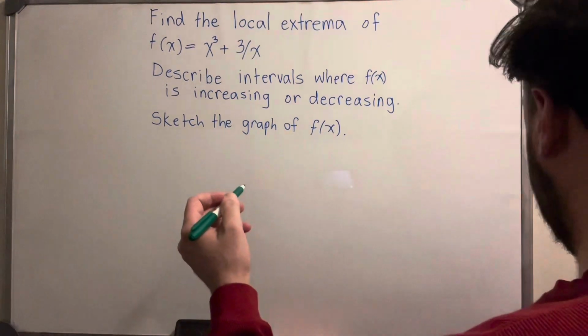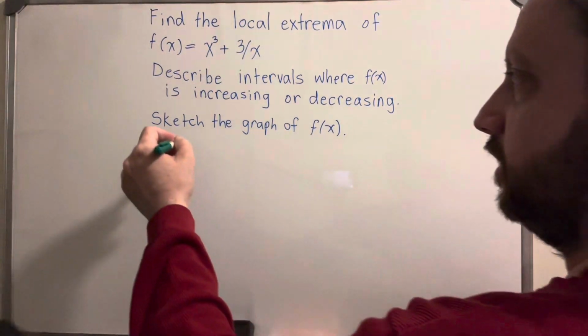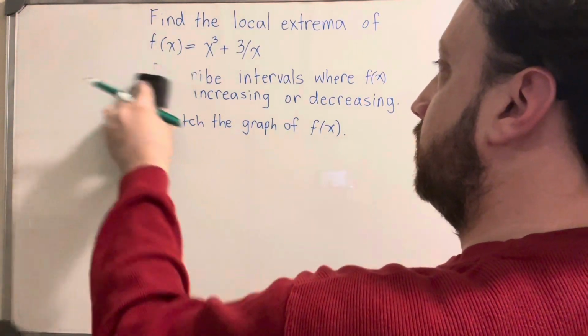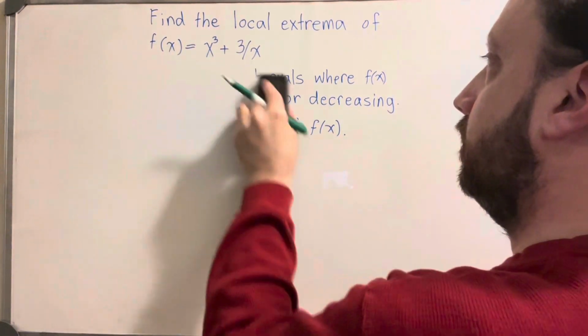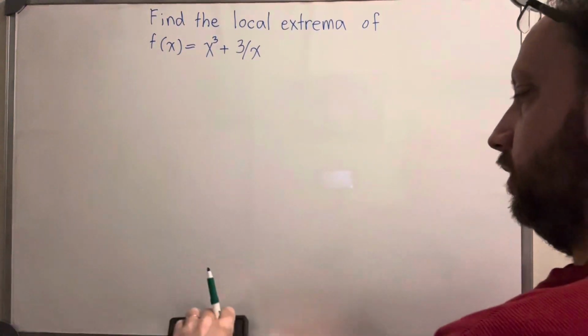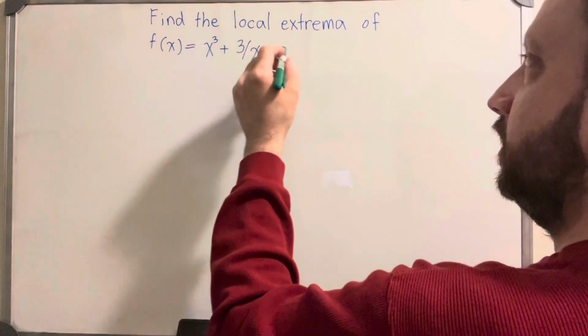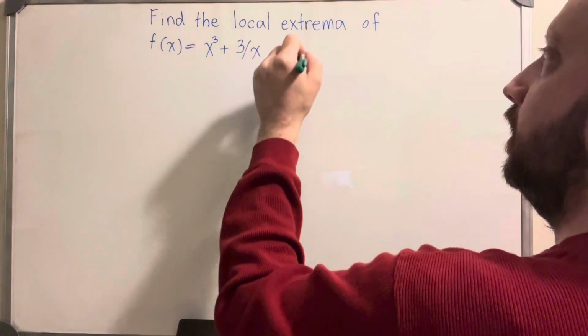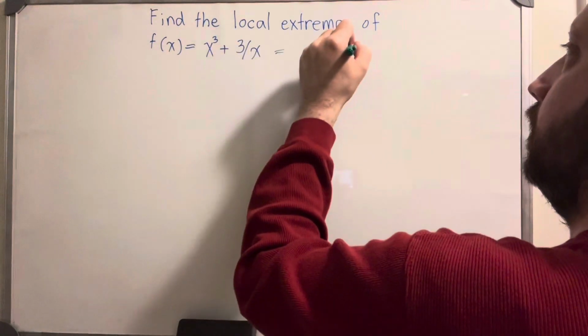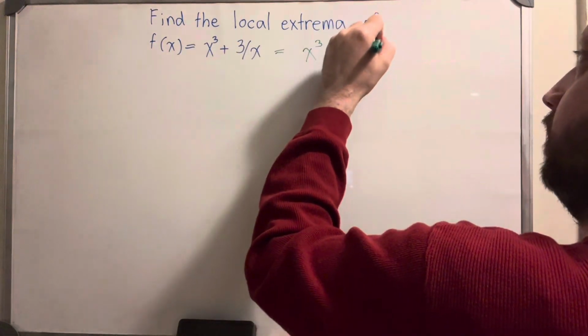Why don't we take the derivative right here? So let's start with f of x. Let's erase these parts right here. So we can rewrite this function as x cubed plus 3x to the negative first, right?